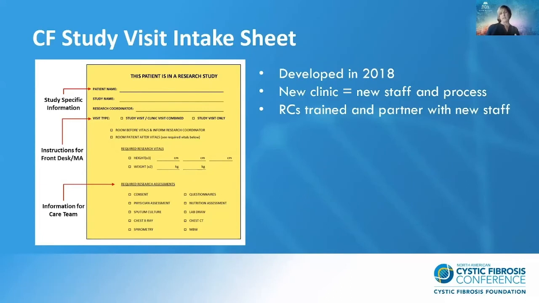So we developed this in 2018 in our old clinic, and it was exciting to try it out with our new staff that's supporting us in the new clinic, a new process. Patients are roomed a little bit differently now, so it was really important that we introduce this and work with them, make sure it's still working, and continue to train and partner with the new staff in the clinic so we can continue to collect the information that we need for our research studies. So it was really reliable to be able to use this in our new space.